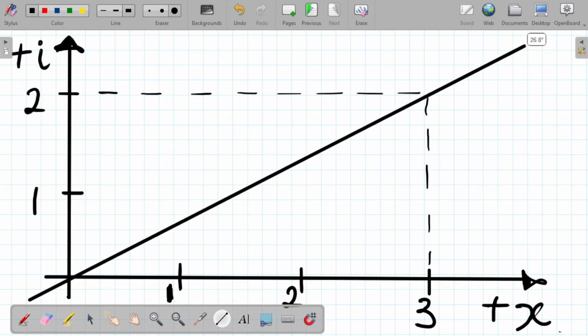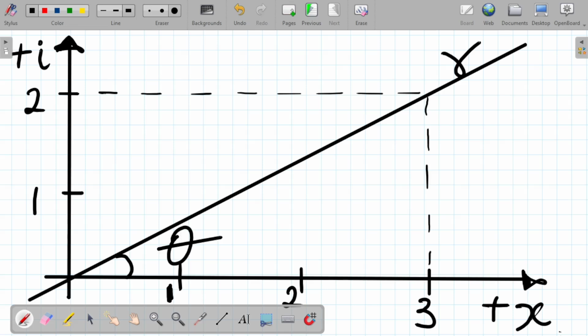So this is the line. So 2 for I meets with 3 for x. And this line is called the modulus of the complex number, R. Here we have the angle, which is known as theta. Alright, so this is how to draw an Argand diagram.